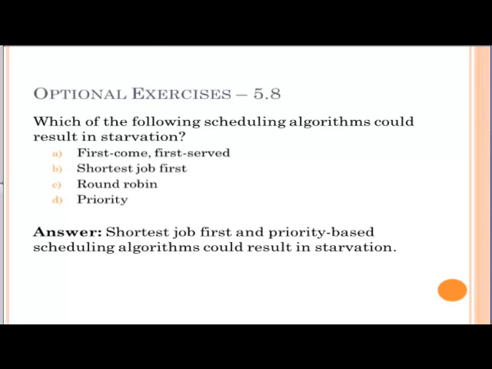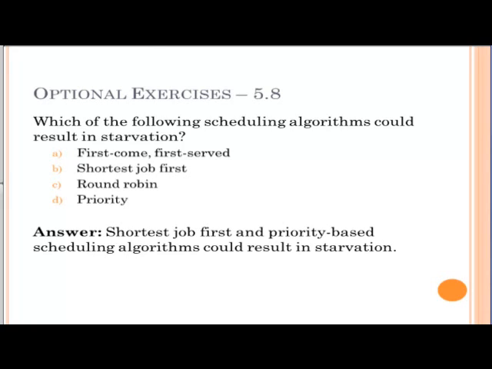First come, first served, eventually all of them will be done. There is an order of when they came in. There's a first one, and then the next one, and the next one. And they will get done eventually. It may just take a while. Round robin, same thing. This will not stop until all of them are done. A, first come, first served, will not stop until they're all done.